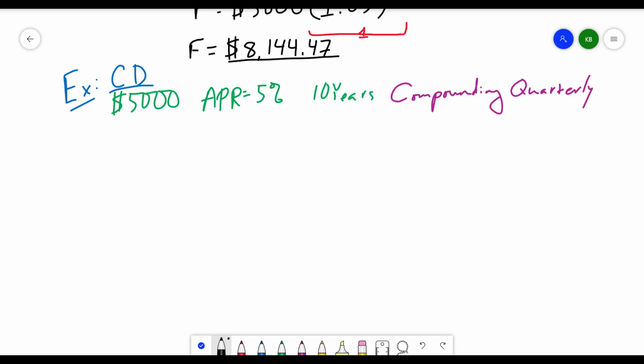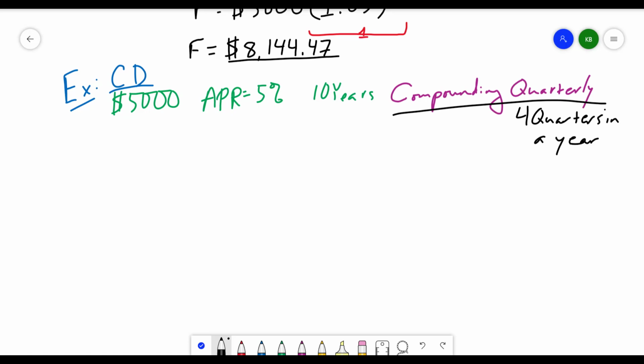So everything's the same except for this compounding quarterly statement. So quarterly, there's 4 in a year, all right? So 4 quarters in the year. This is really important.